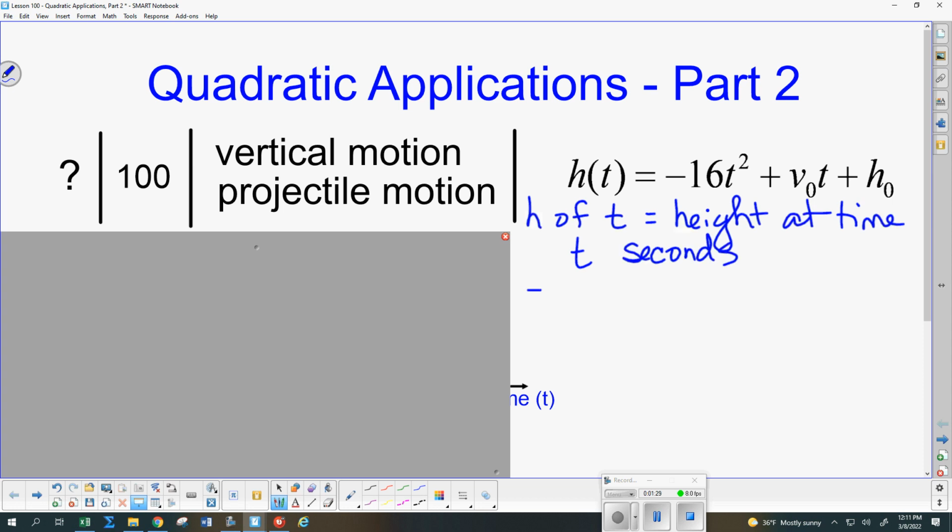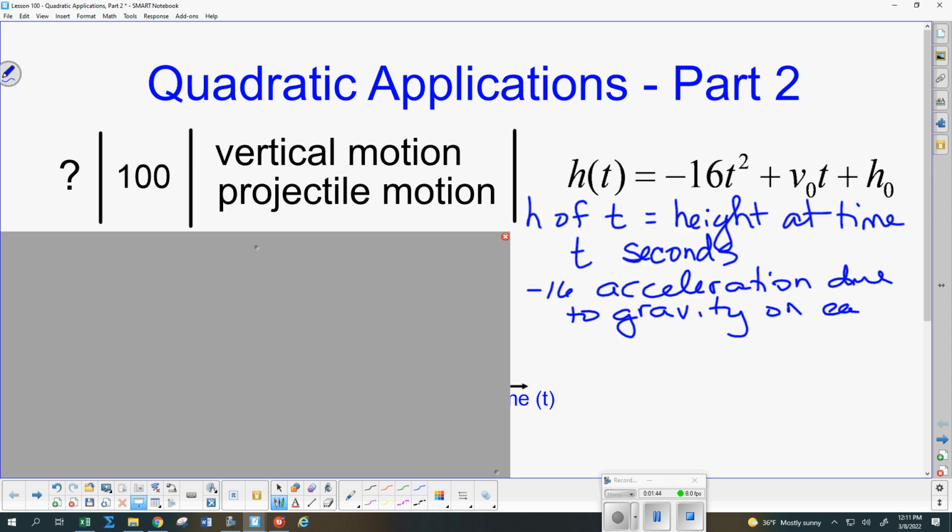The negative 16 is the acceleration due to gravity on Earth, and it is in feet per second squared.